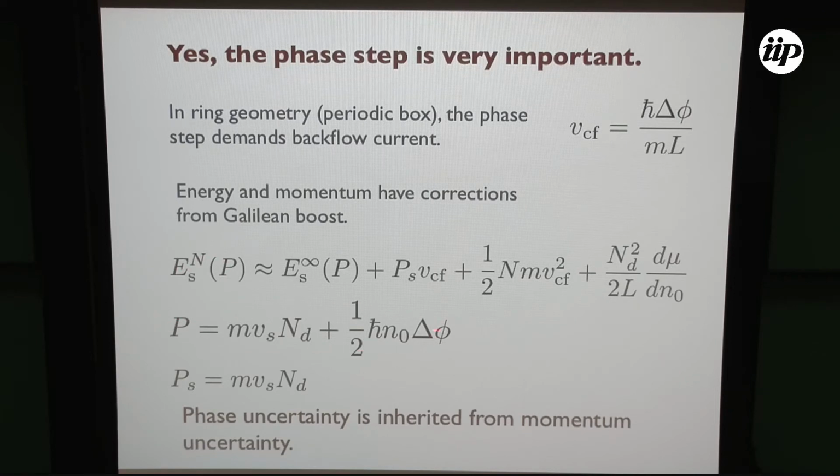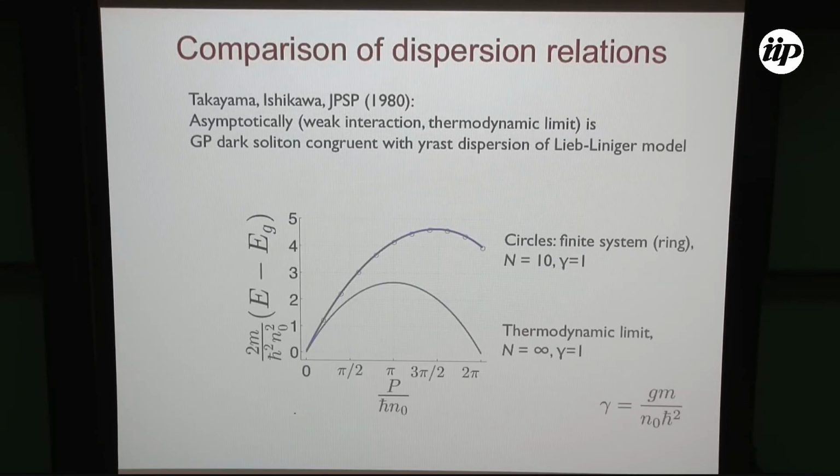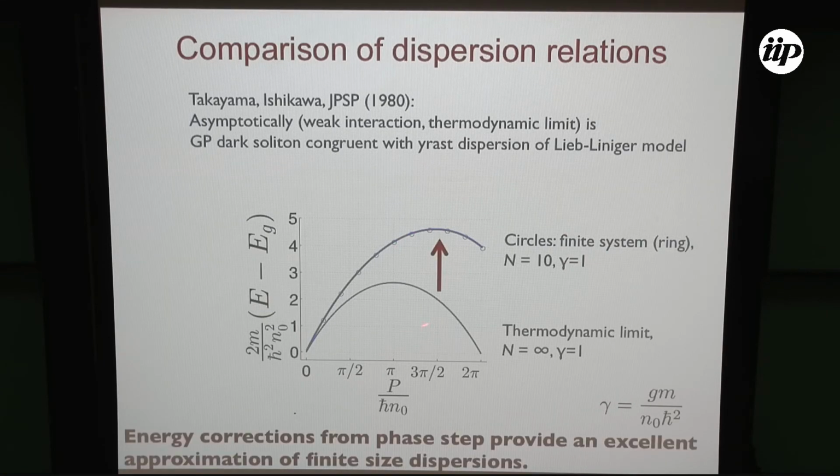The momentum is something we can calculate and extract delta from, and for the energy we can use this formula to give a correction, and that works very well. So here is a thermodynamic limit dispersion relation, which we can calculate from the thermodynamic Bethe ansatz solution. The full line here is the one that we calculated with the corrections that I just explained, and the dots are the actual solutions of the finite system with the Bethe ansatz. So these here are the energy corrections.